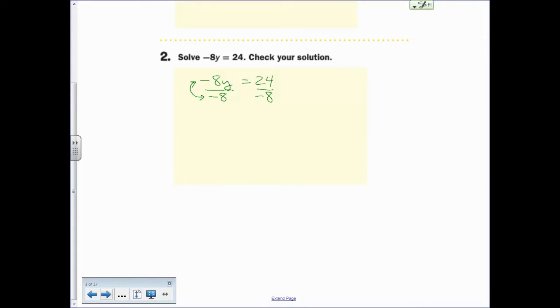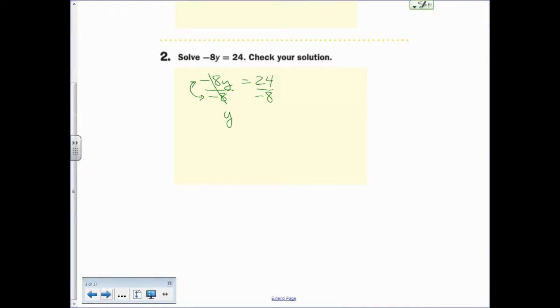Notice how the signs here are the same. When you multiply and divide, you want same signs because the rule for multiplication and division with integers is same signs positive. When we get done, we want our variable y to not have a negative sign in front of it. Dividing negative 8 by negative 8 means that it's going to equal positive 1.